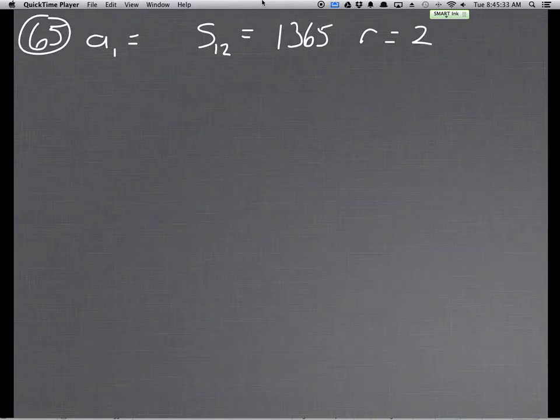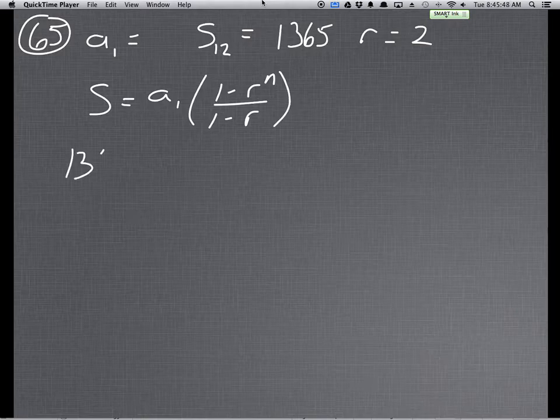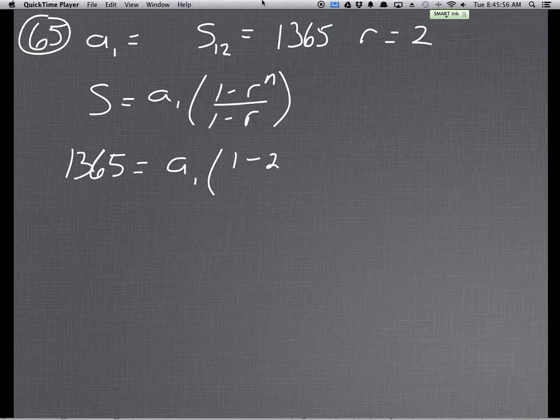So S equals a sub 1 times 1 minus r to the nth power over 1 minus r. In our case, S is 1365. A sub 1 is what we're looking for. Then I have 1 minus r, which is 2. And what is my n? 12.